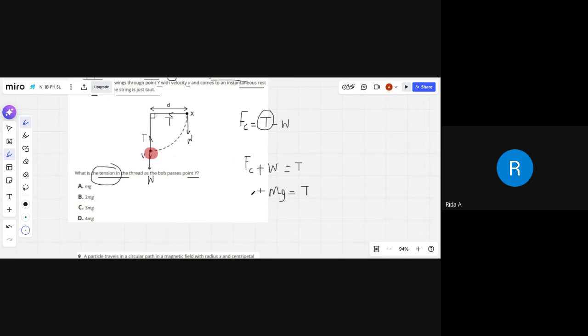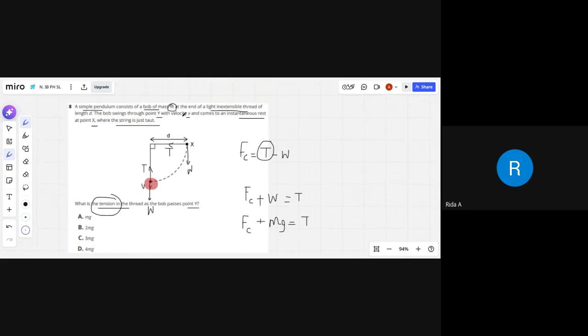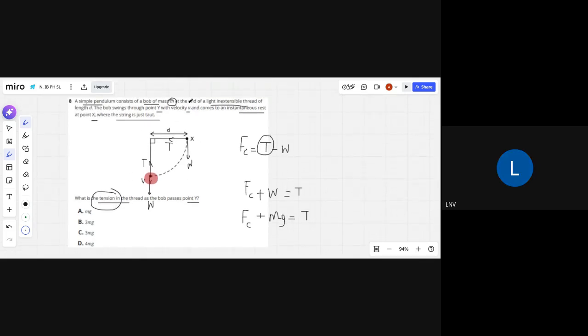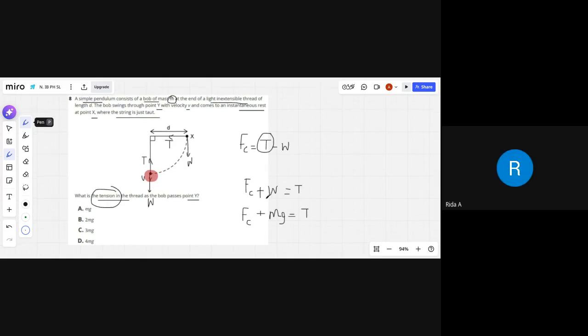The centripetal force is Fc, and let's see some other information. Okay, I get it. So tension take away weight is your centripetal force.